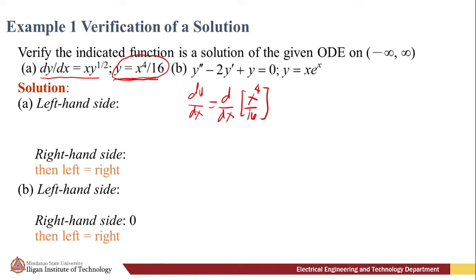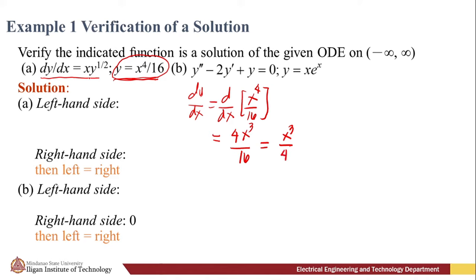So simplify natin ito. We have 4x cubed over 16. Further simplification, this one is equal to x cubed over 4.